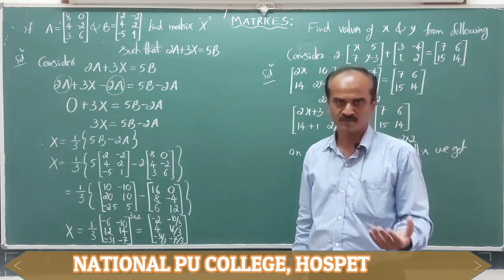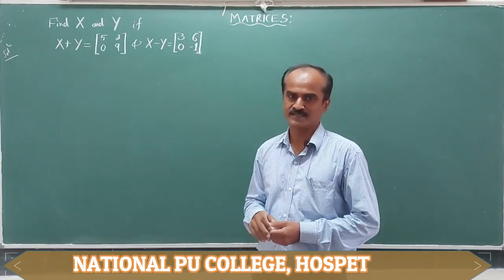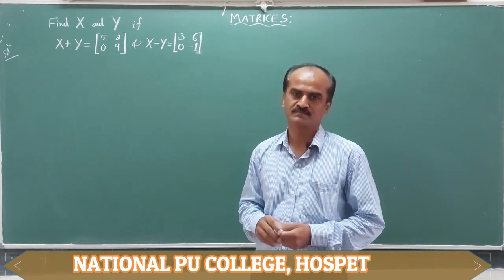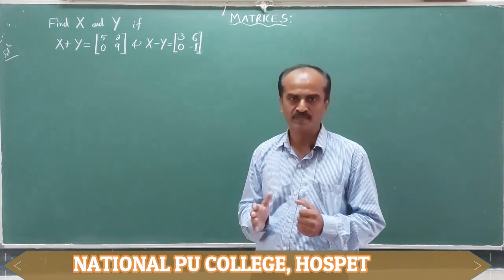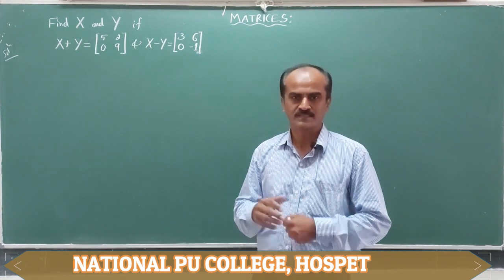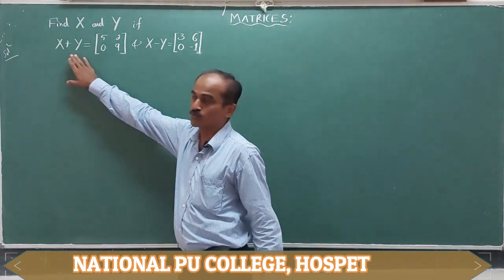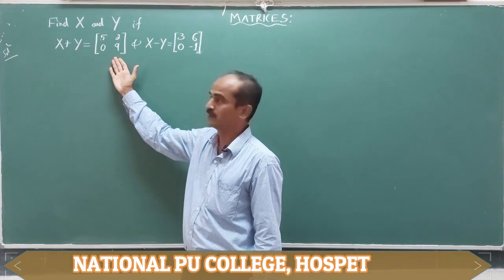Let me take one more example. Here required to find X and Y. They are matrices. Two matrices are unknown, but some information about those matrices is given. On adding those two unknown matrices, you are going to get this matrix 5, 2, 0, 9.